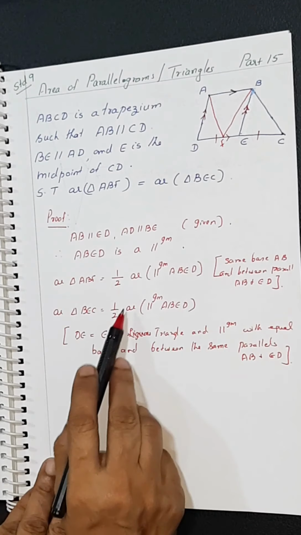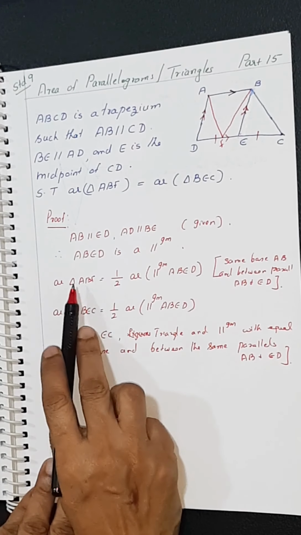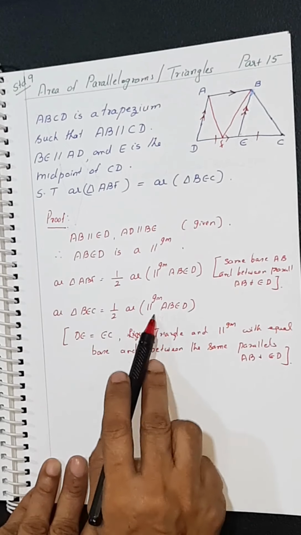So from these two you can say area of triangle ABF is equal to area of triangle BEC.